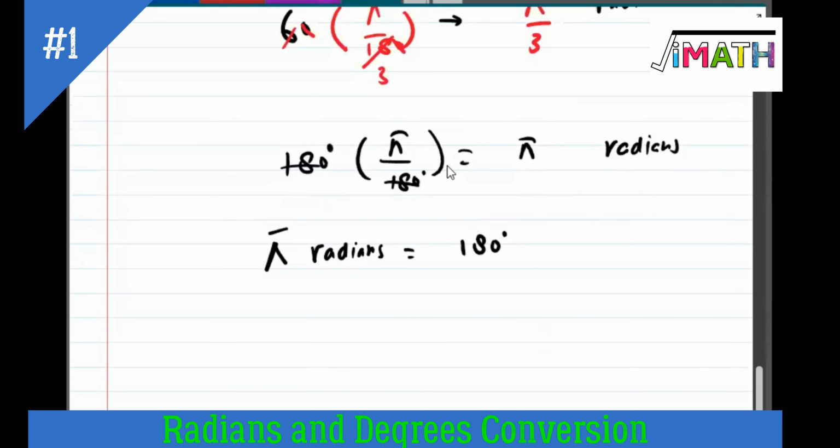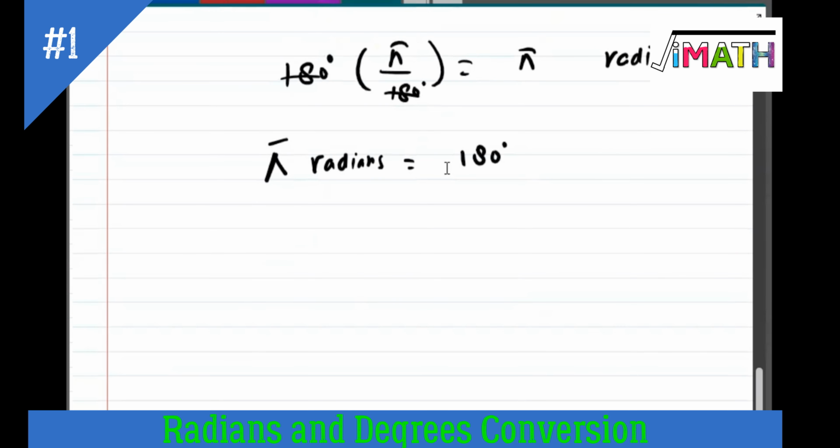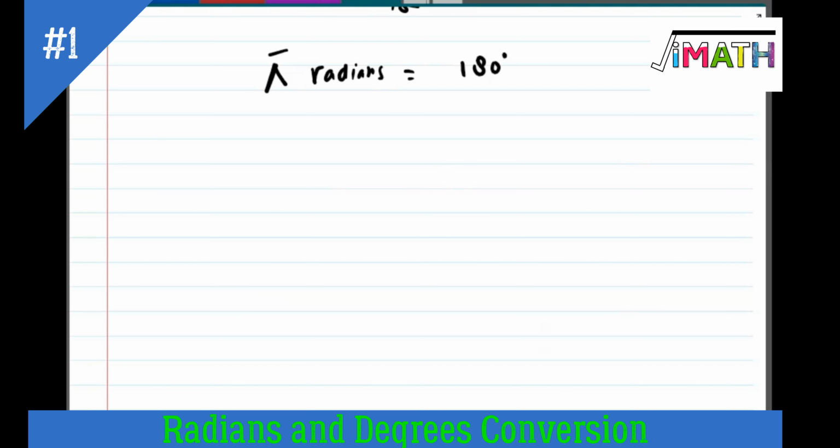Hi, Elias. The question that might arise in your mind is how to memorize this interconversion fraction. So the thing is, do you really believe that 180 degrees equals pi radians? Yes.